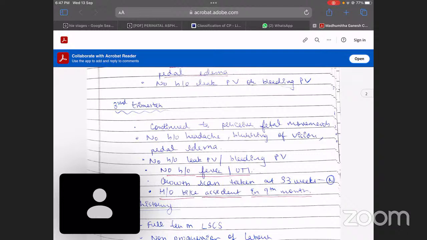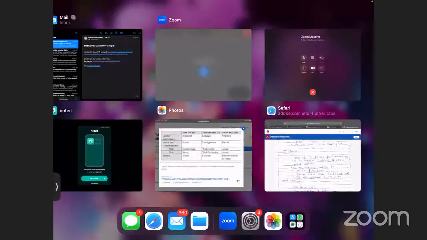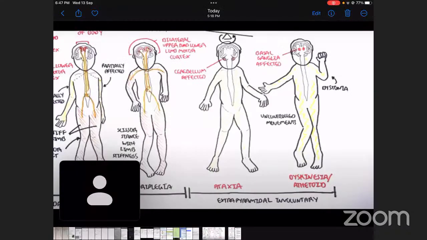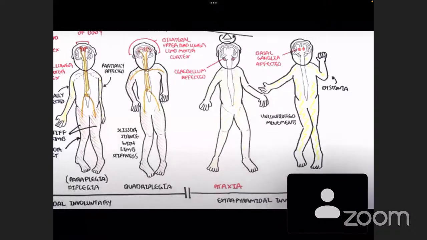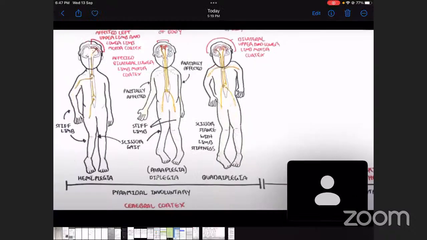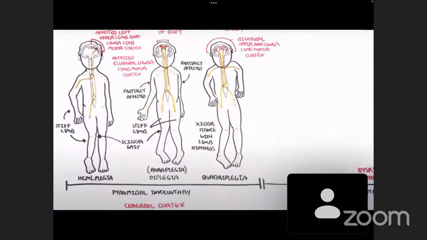Now, for the spastic diplegia, you said which limb is more affected, whether it's upper limb or lower limb. Just one minute. Give a picture over here. Over here we have this is for pyramidal, that is for the cerebral cortex.